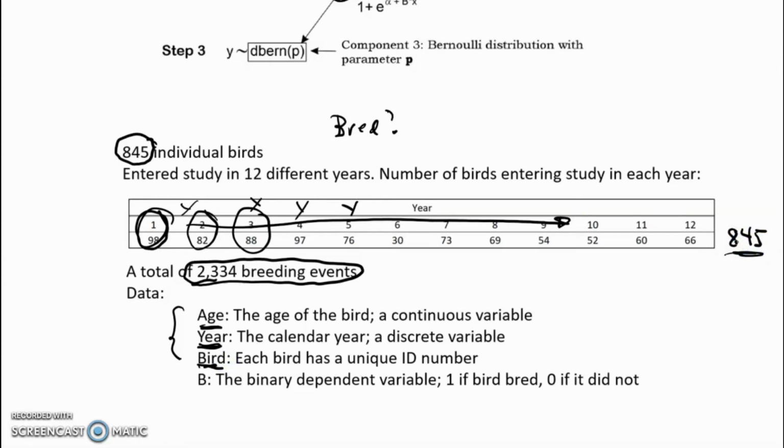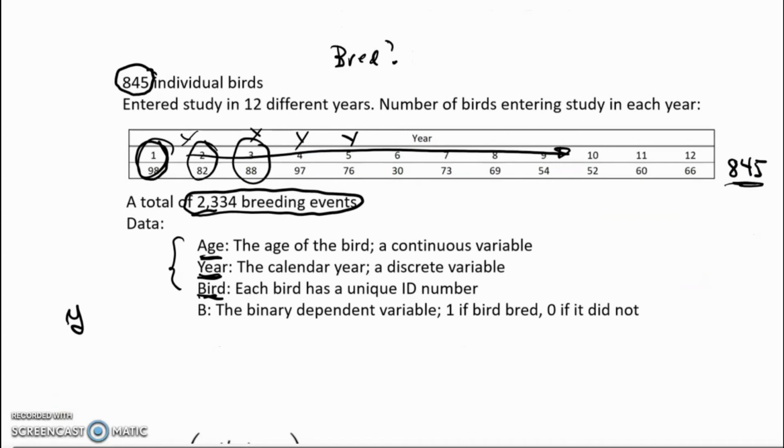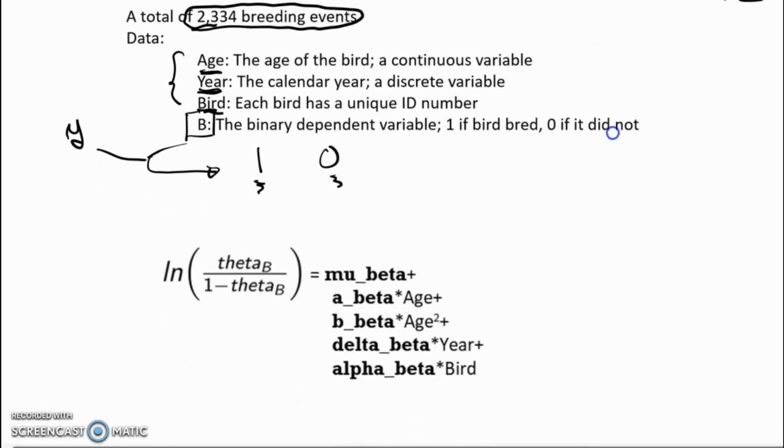And the dependent variable, normally we call the dependent variable y. Just to be consistent with Link et al., I'm going to call the dependent variable b, but just as with y, you get a 1 or a 0: a 1 if the bird successfully bred, a 0 if it did not successfully breed in any particular year.